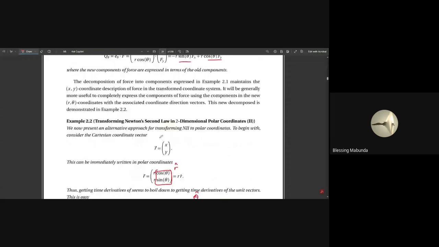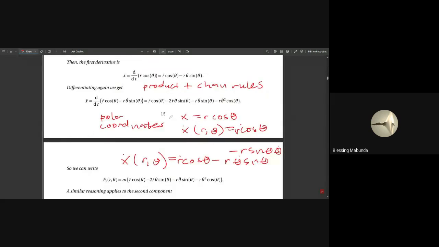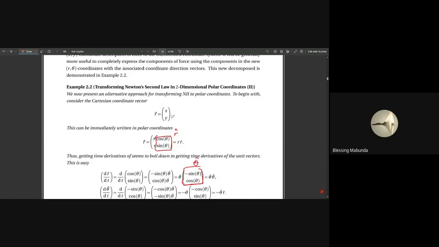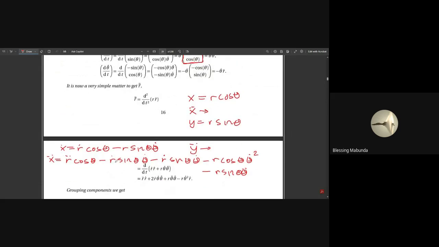And that will be your r double dot. All right, so these two expressions here are the same, meaning that you can add them up to give you minus 2 r dot theta dot sine theta, like that.